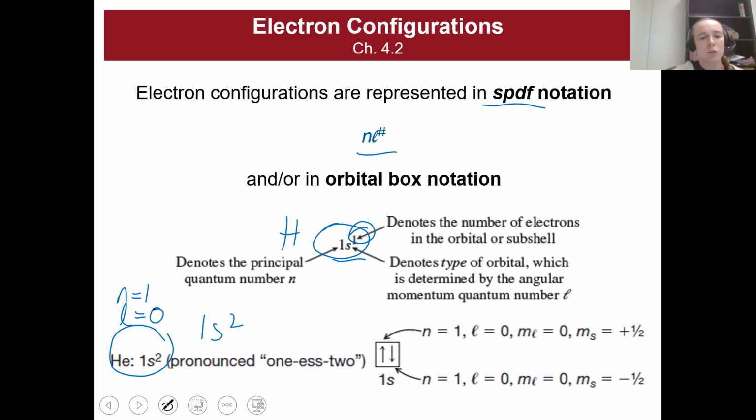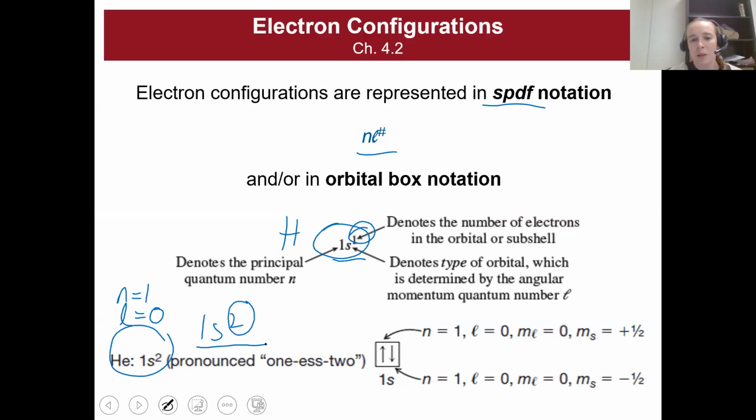And helium has 2 electrons when it's a neutral atom. You can tell because the number of electrons equals the number of protons in a neutral atom, which we learned in chapter 2. So helium is atomic number 2. It has 2 protons and 2 electrons. So those 2 electrons are in the 1s orbital, and we write the electron configuration as 1s2.